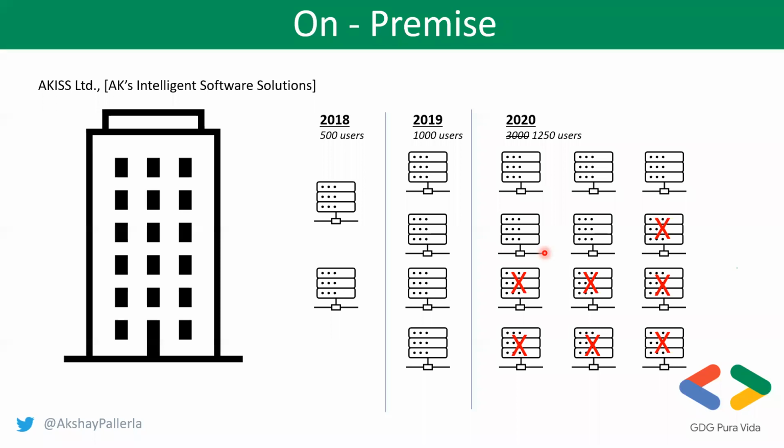So the user base, instead of growing to 3,000, it didn't rise the way I expected. It only became 1,250. Maybe I should feel lucky enough that it didn't fall down. So what happened here? All the investment I've made, all the infrastructure that I've set up is actually useless. This 1,250 users can be served by these 5 servers itself.